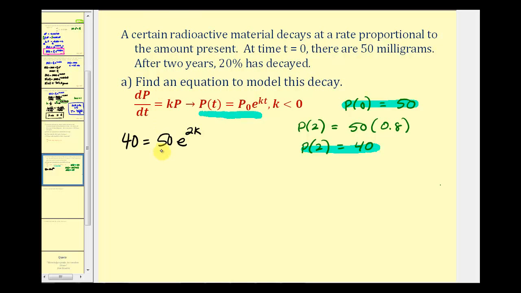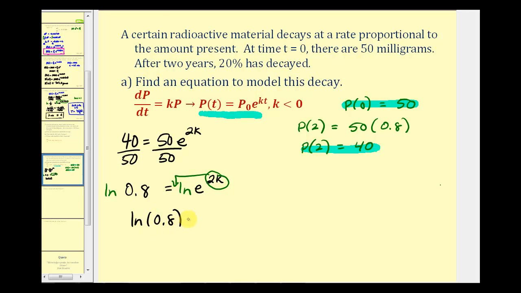So we'll divide both sides by 50. 40 divided by 50 would be 0.8 equals e to the power of 2k. We want to solve this for k. So now we'll take the natural log of both sides of the equation and apply the power property of logarithms here. So now we have the natural log of 0.8 must equal 2k times natural log e, but natural log e is equal to 1.